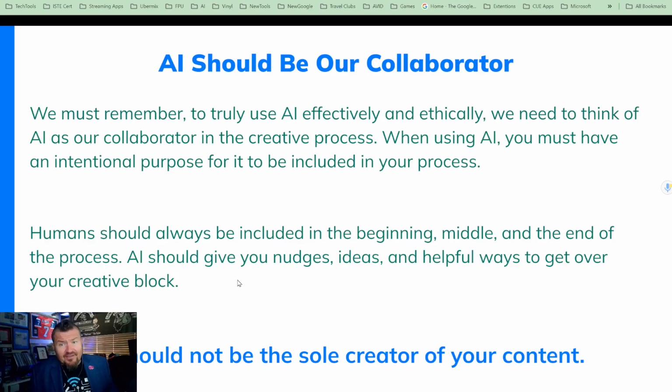We may have students who have parents at home, who have others at home, who can help them understand material. But also we have students and learners who don't have anybody at home to help them. AI can be that help at home. AI should be your collaborator, but it should not be the sole creator of your content.